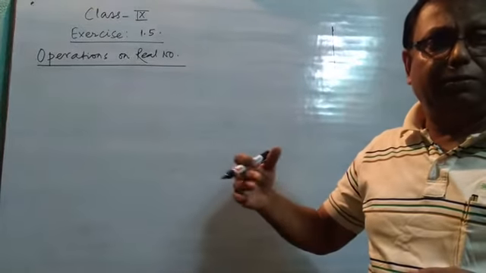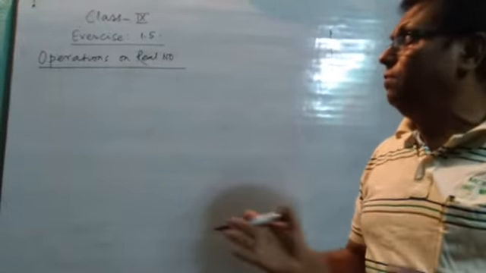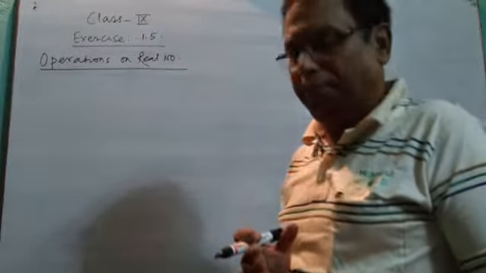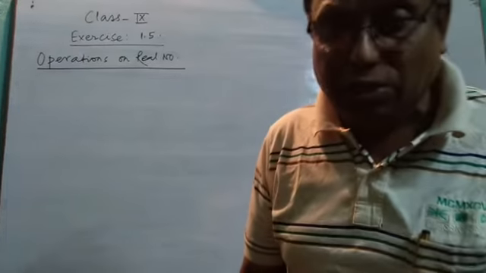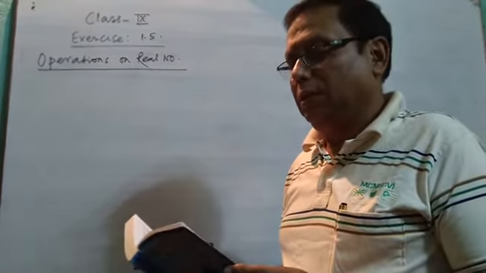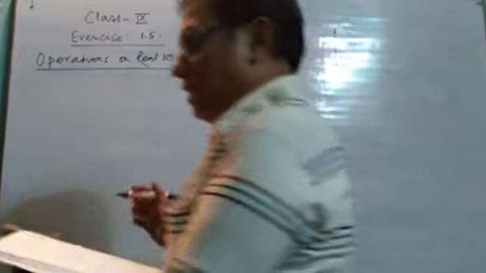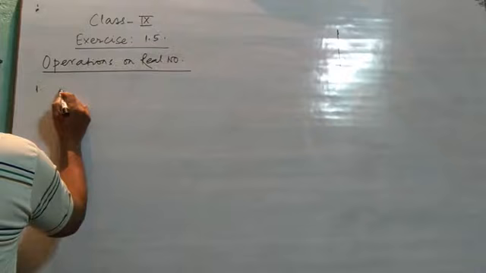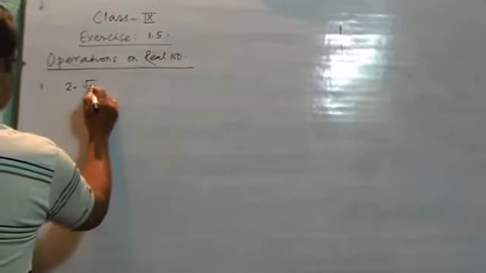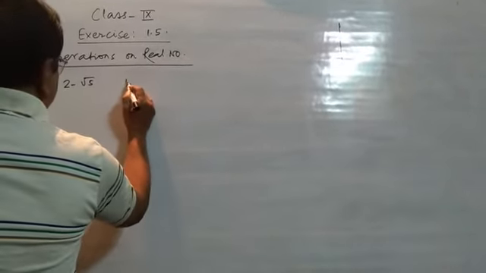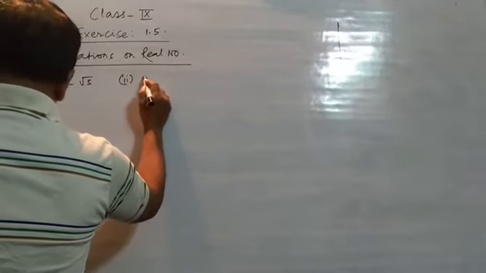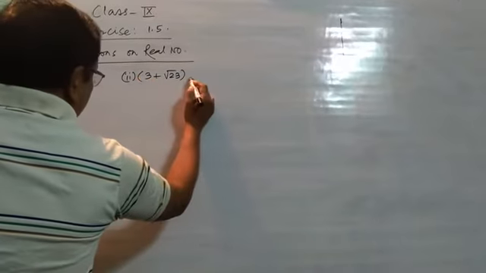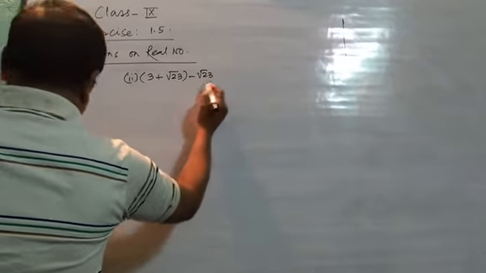Now we will see what types of problems we have to go through in exercise 1.5. Pay attention, dear students. The very first question says, classify whether the following numbers are rational or irrational. Let me write the question first. 2 minus root 5. Second one is 3 plus root 23 minus root 23.